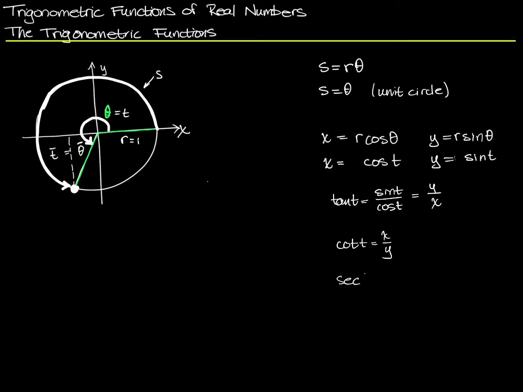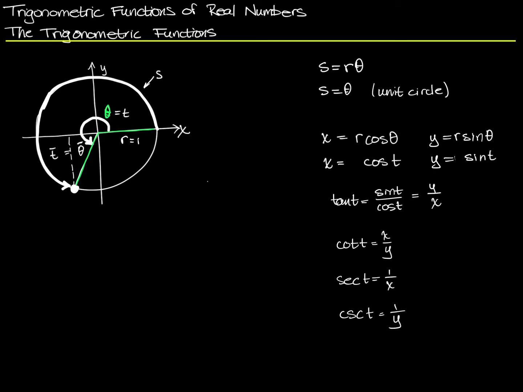The secant of t is just 1 over x, and the cosecant of t is 1 over y. And I got those just by flipping over. Cosine of t is 1 over secant, so 1 over x is secant. Sine is 1 over cosecant, so cosecant is 1 over y.